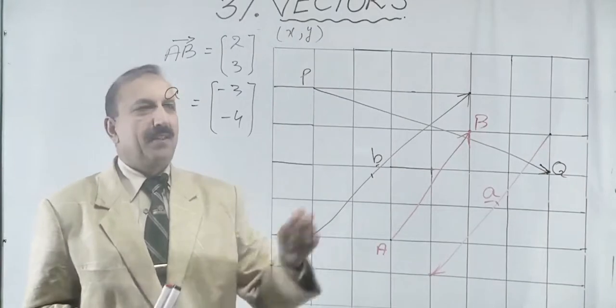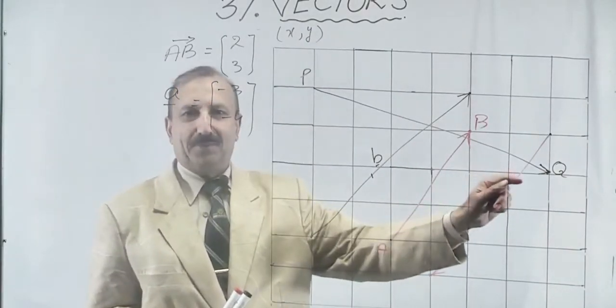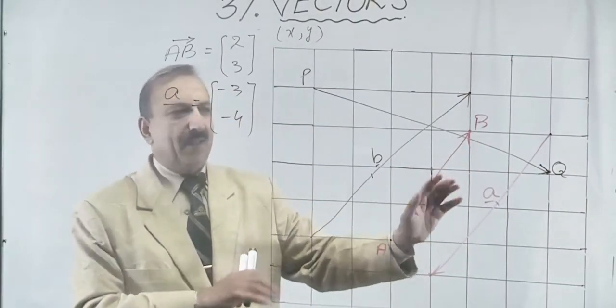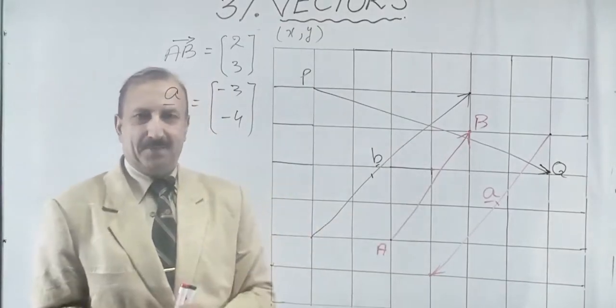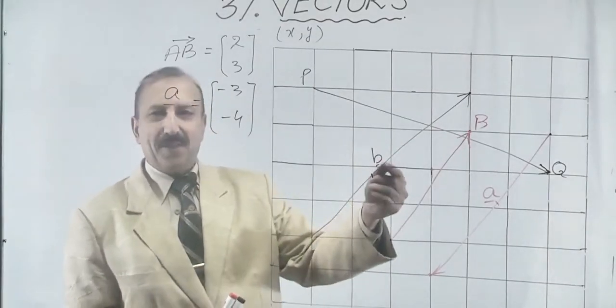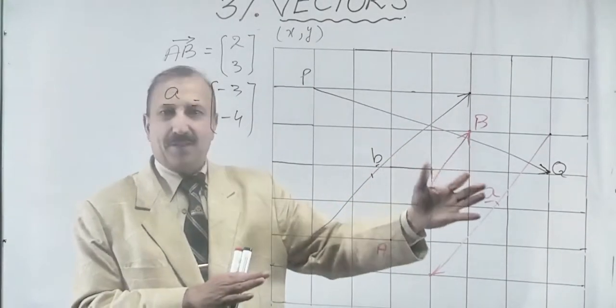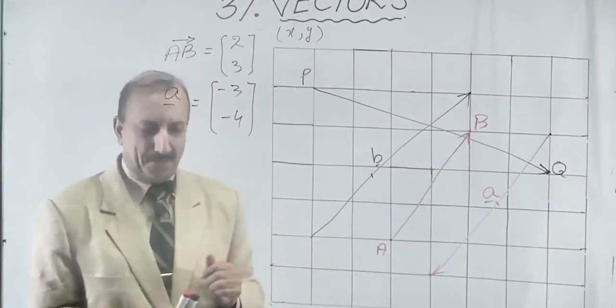The question is, if PQ is a vector on this unit scale graph, write its column vector. And similarly, if B is a vector here on this unit scale graph, write its column vector.